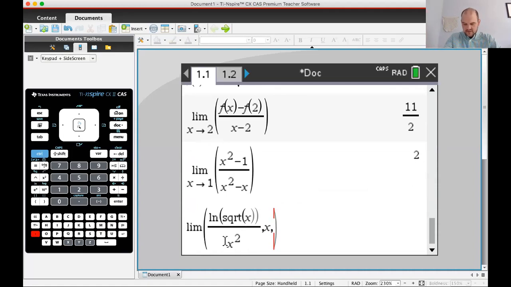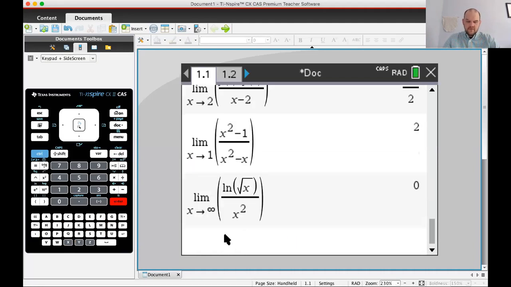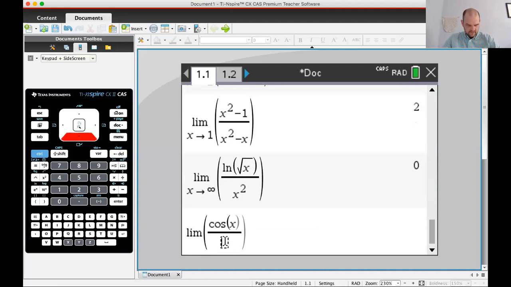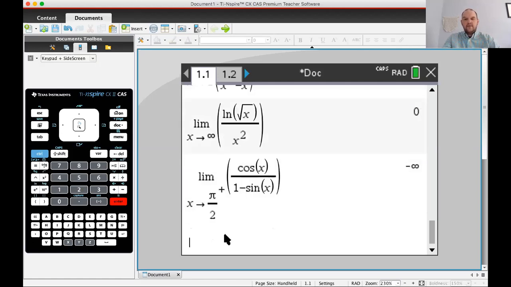This was guaranteed to be 0 from before we even started. Infinity, we get 0. The limit of cosine of x over 1 minus sine of x, comma x, comma pi over 2, and then from the right you put a 1 here, and we get negative infinity, which is what we got. That was the one I was the most worried about.